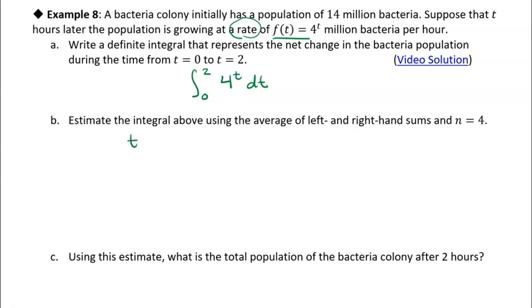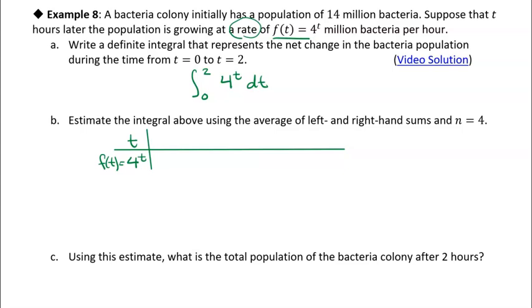I'm going to have t, and I have 4 to the t as my function. This is my f of t. I'm going to make a little table here. I could make it horizontally or vertically; I'll just make it horizontal. And so I want to integrate from 0 to 2 with four equal subintervals.